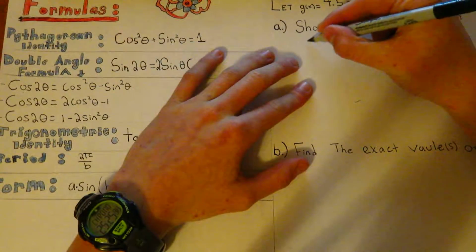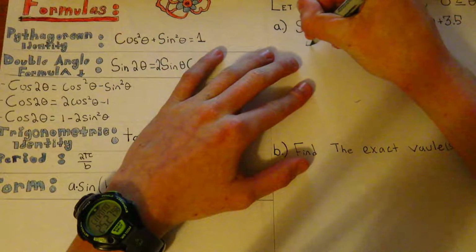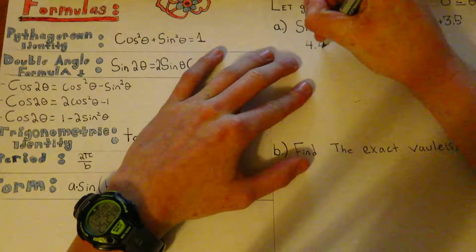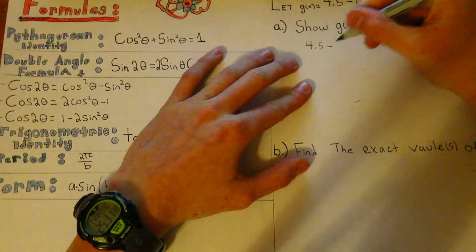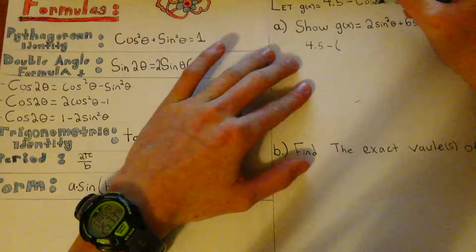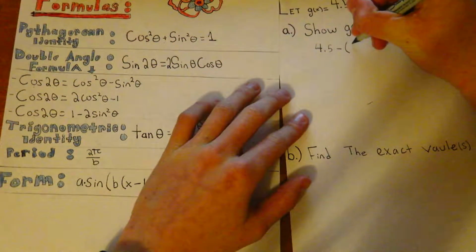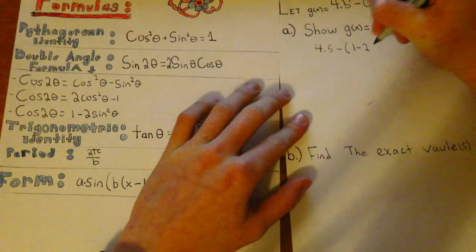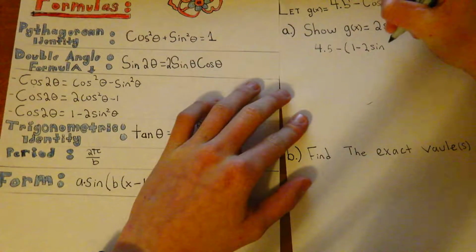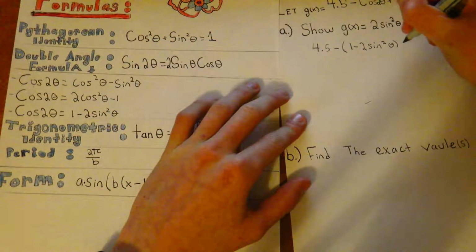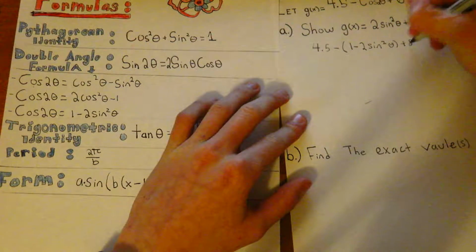So it's 4.5 minus, and then we replace that cosine 2 theta with 1 minus 2 sine squared theta, plus 6 sine theta.